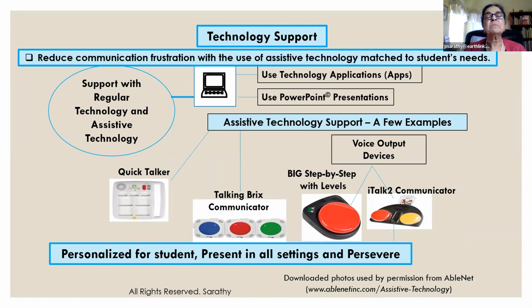You want to use something that the student is able to access. So begin with something simple and personalized, assuming the need for the assistive technology device exists and it is matched to the student's need. Some students may be able to handle more complex devices, but not all.